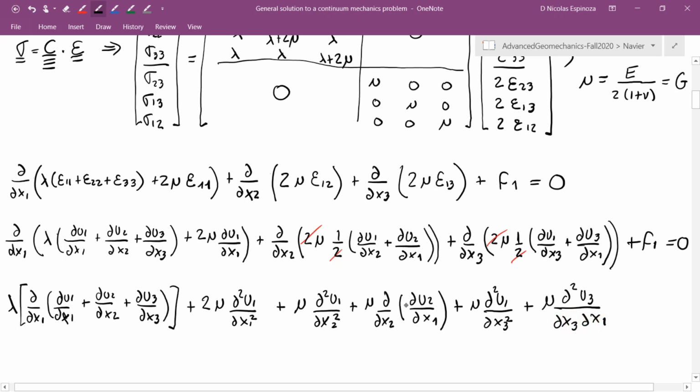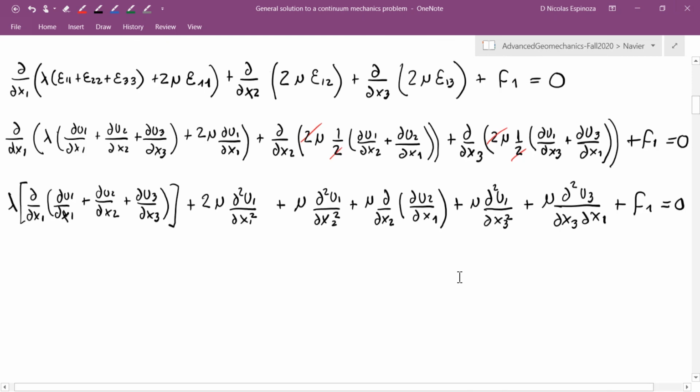It's the same thing as what I have over here, and this is going to be plus f1 equal to 0. Okay, we've got quite a long equation right now. What we're going to do now is to try to organize all of that into a simpler version.